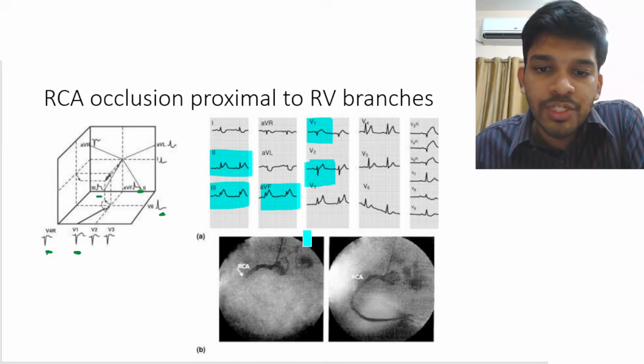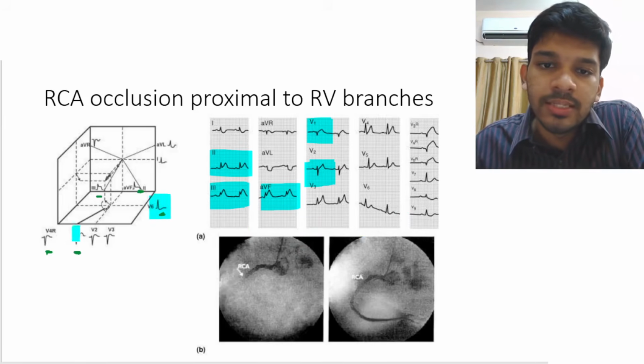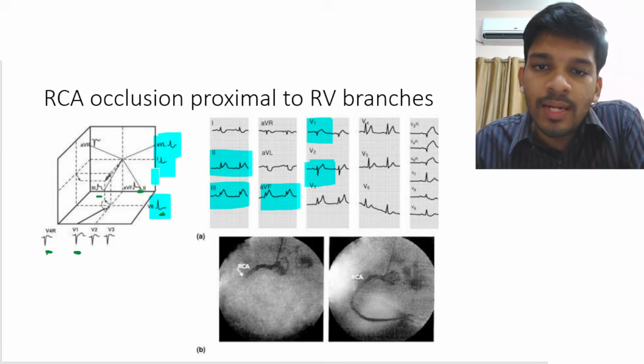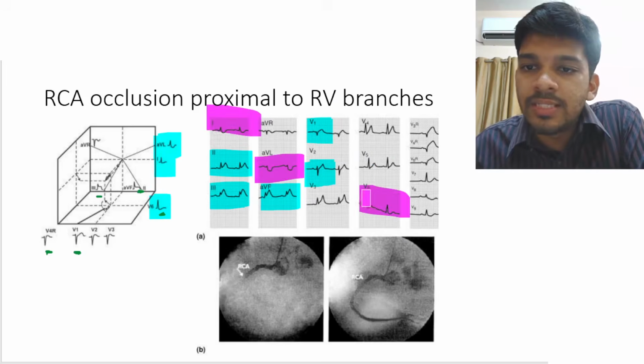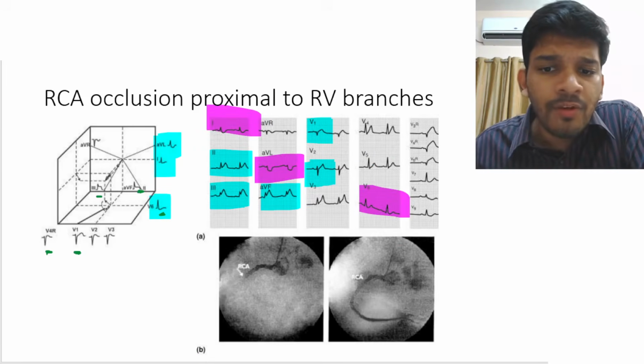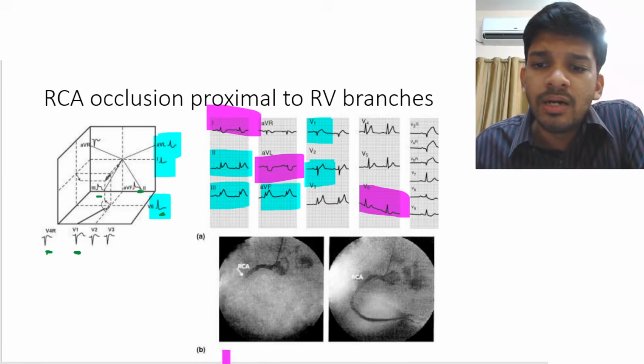So you get ST segment elevations here, and ST segment depressions in lead V6, because it is in the negative hemifield of this vector. So V6 generally has slight ST depression, and also in 1 and aVL you will get negative changes. So if you look at the reciprocal changes, you get ST depressions in 1, aVL and V6. Apart from that, ST depression in V1 to V3 is not seen.